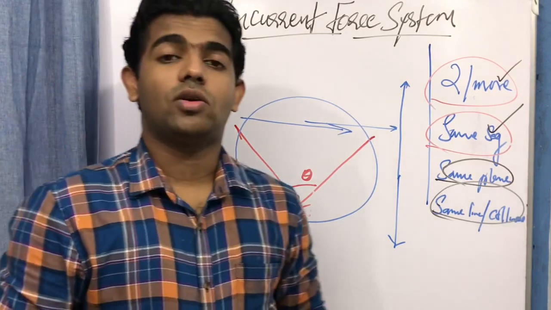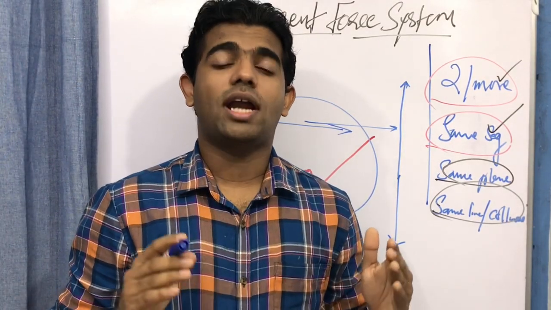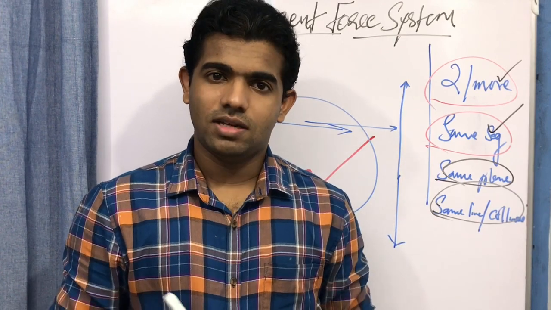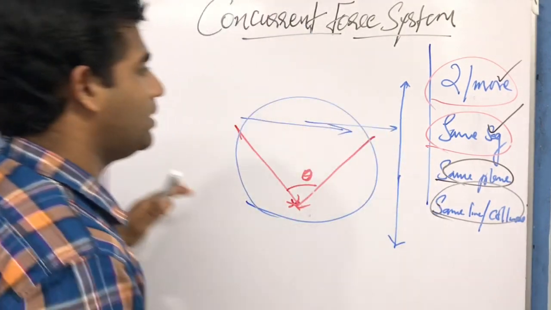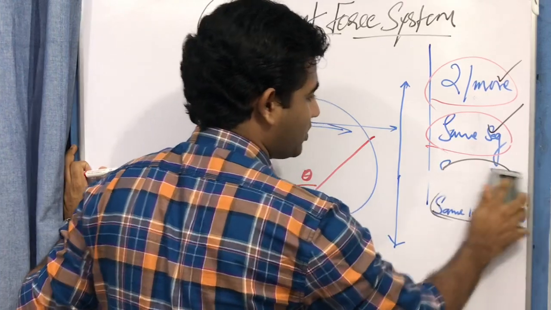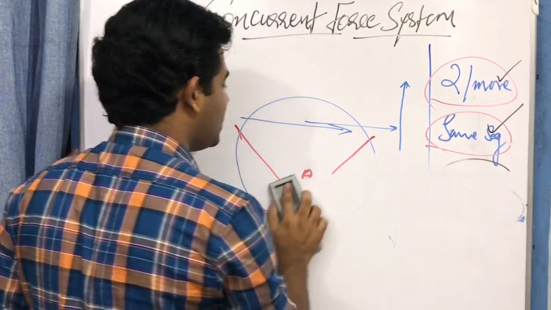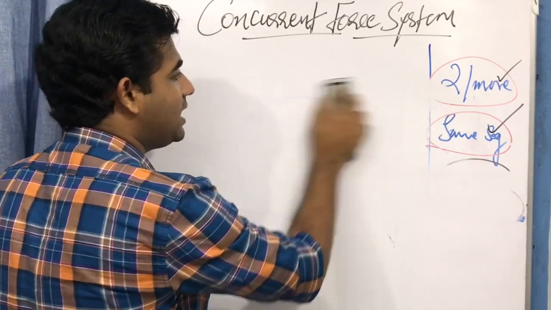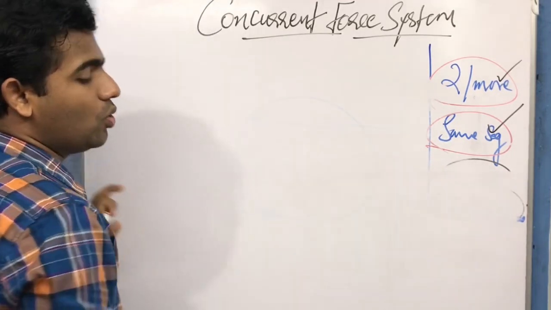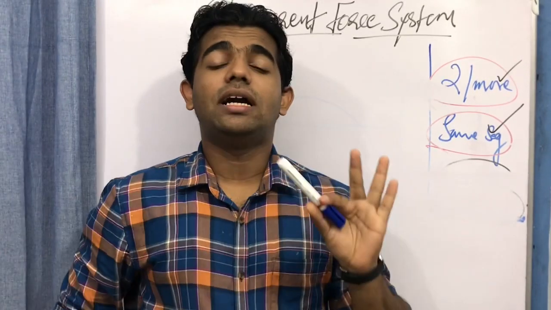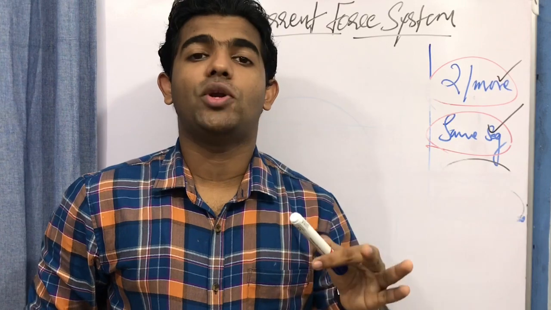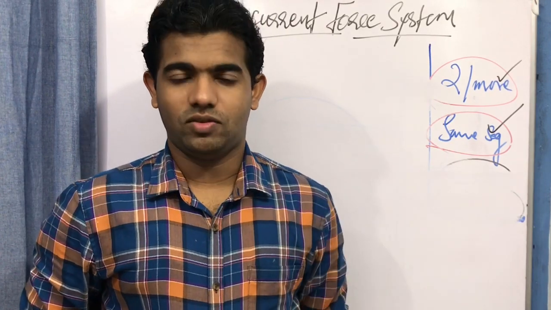Such forces are known as concurrent forces or the concurrent force system. I hope that is clear. It is so simple. In the linear system you need to remember same plane and same line, but in this one, you just have to remember there is an angle between these two forces. That's a key point over here. Don't forget that one.